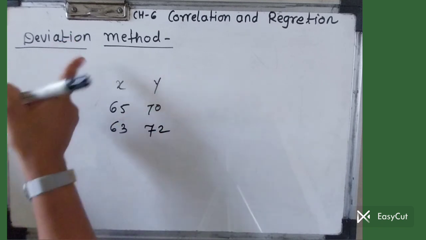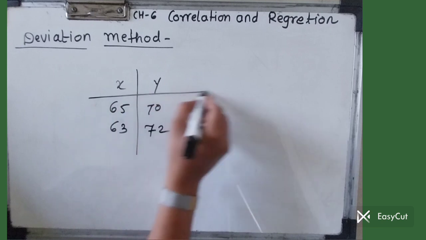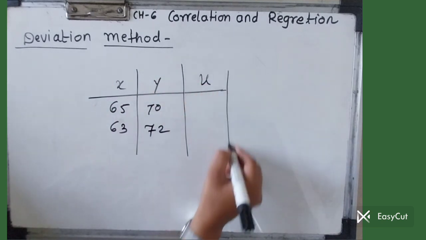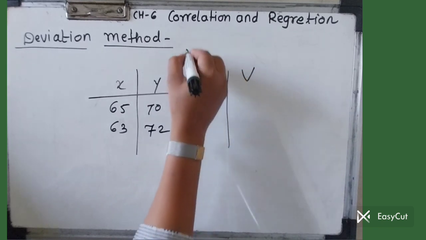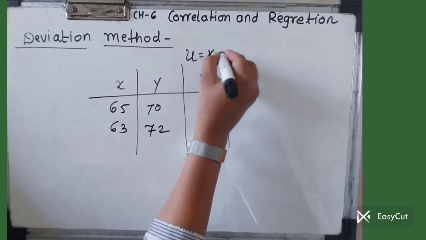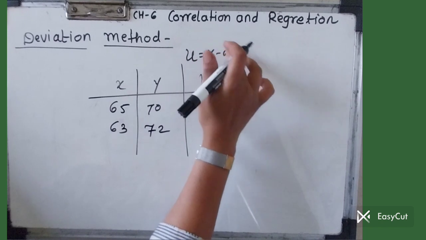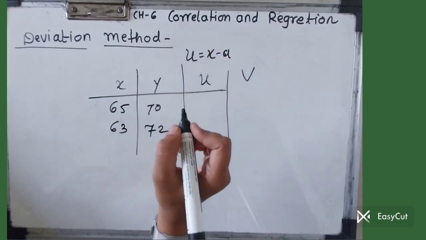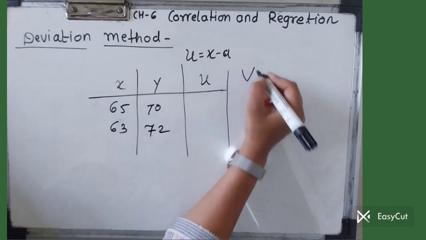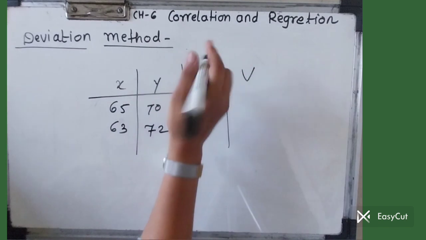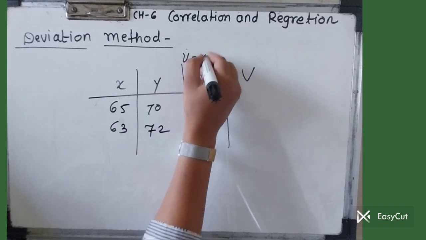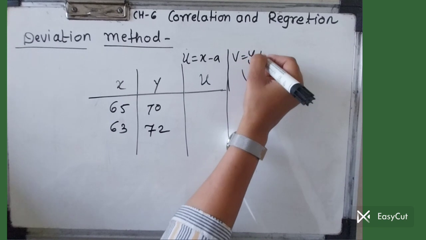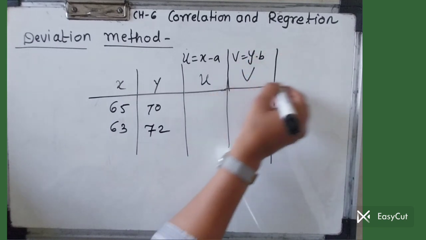So why do we use deviation here? Because, see, u and v. U is x minus a, and v is y minus b. What are a and b here?